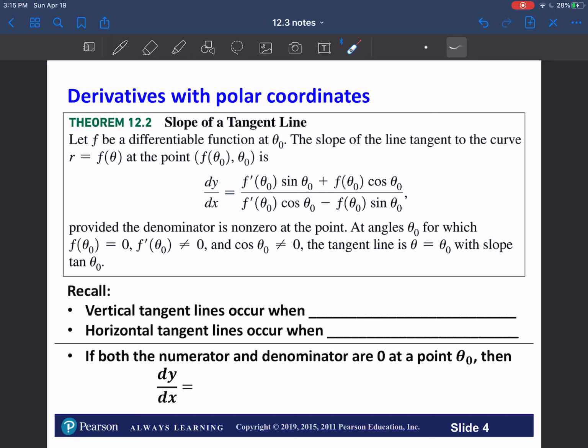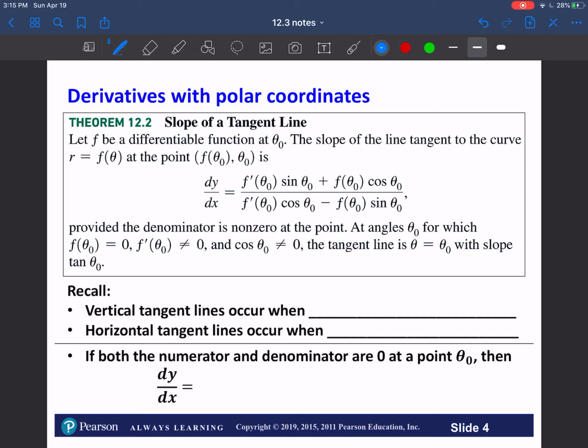We're going to let f be a differentiable function at theta naught. So theta naught is the point at which we want to find our slope. So the slope of the line tangent to the curve r equals f of theta at the point f of theta naught is this guy. So this is basically the same thing, except now we replace theta with theta naught.